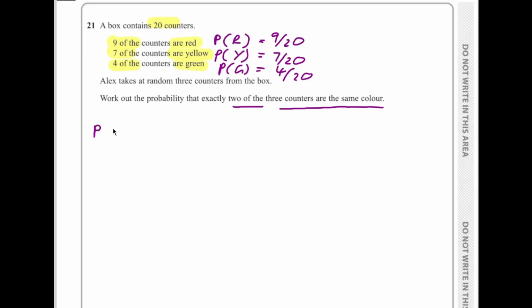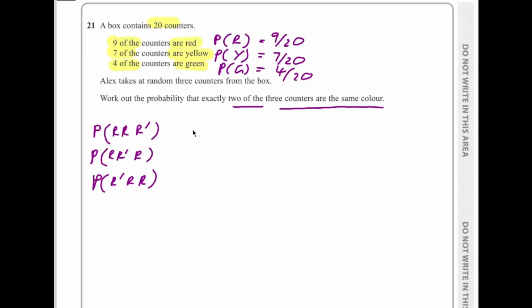If I'm considering red twice, I can have red, red, not red. And I can jumble this in this way as well: red, not red, red, and not red, red, red. So these are the 3 possibilities when considering red.